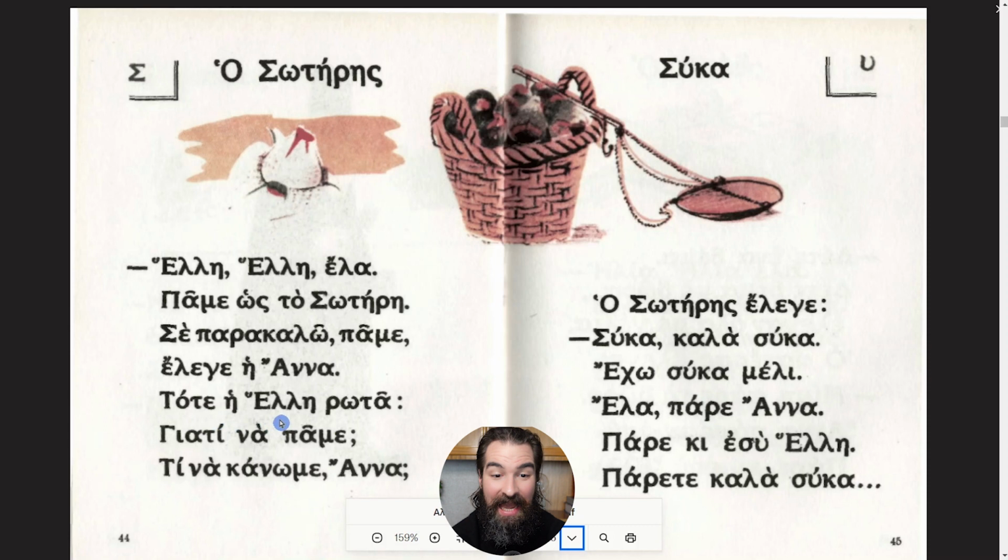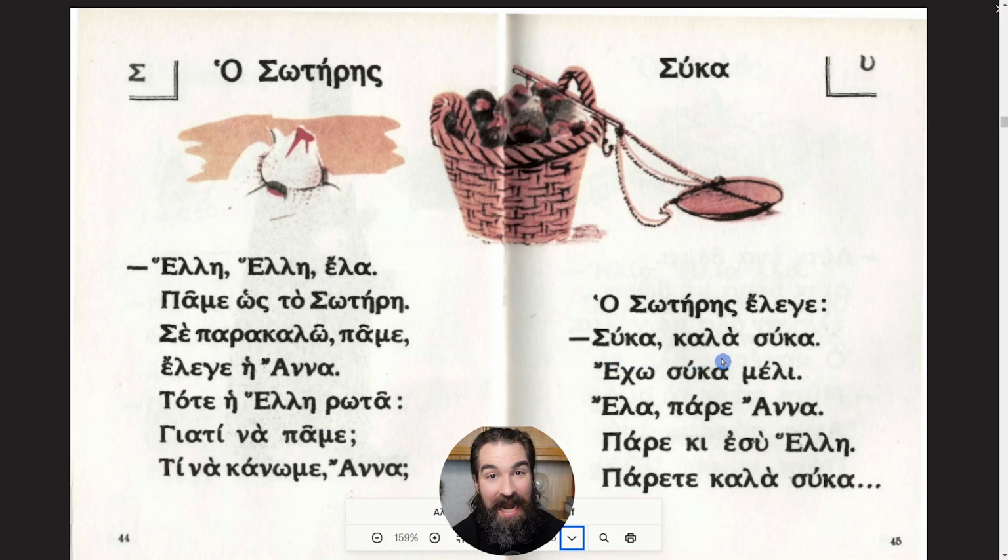Τότε η Έλλη ρωτά, γιατί να πάμε, τι να κάνουμε, Άννα? Ο Σωτήρης έλεγε, oh, here we have σίκα, figs. Looks like Sotiri is selling figs.